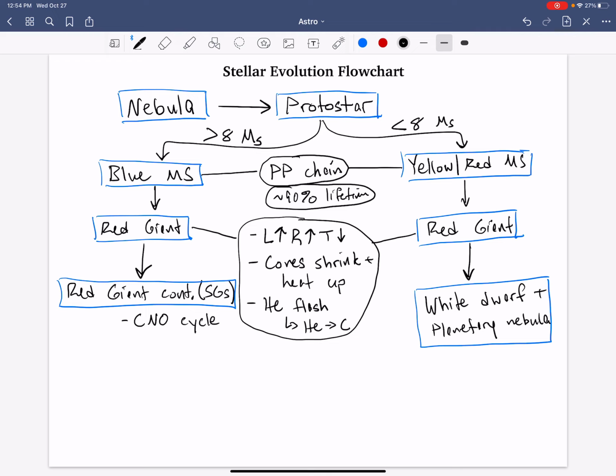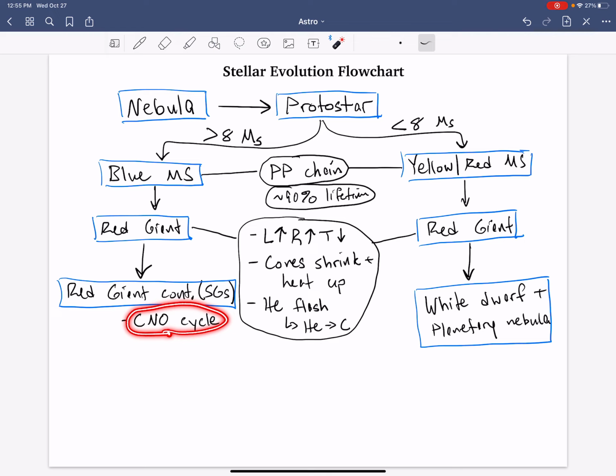Note that both types of stars, so all stars, use the proton-proton chain initially to create helium, right? Both stars use the proton-proton chain to fuse hydrogen into helium in their cores. It just so happens that high mass stars have enough mass to continue on to now use the CNO cycle.